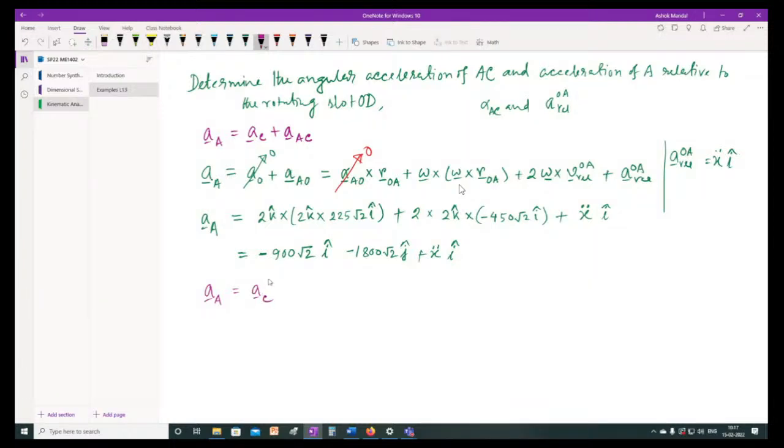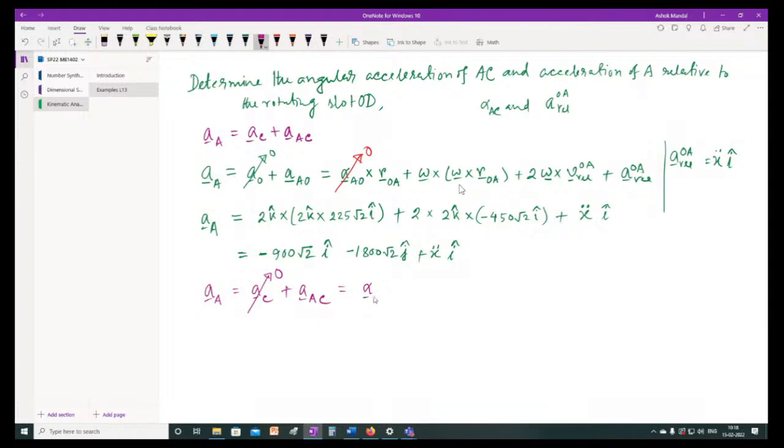What about this term? This is 0. How many components are there with it? Let us write down all the components, then we'll see which one is necessary here.